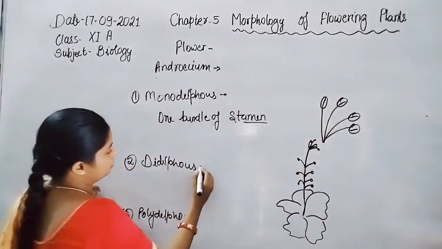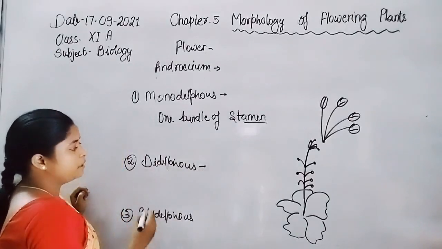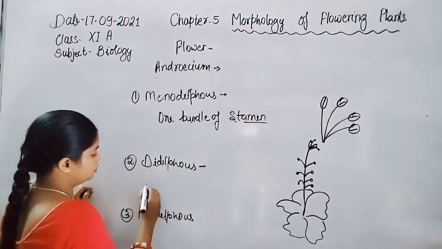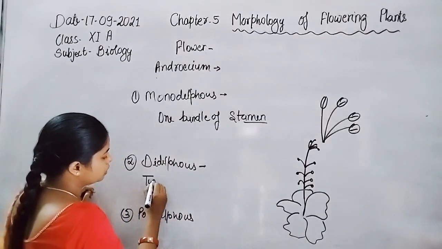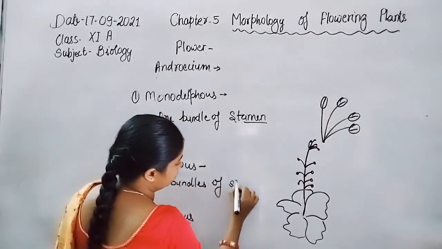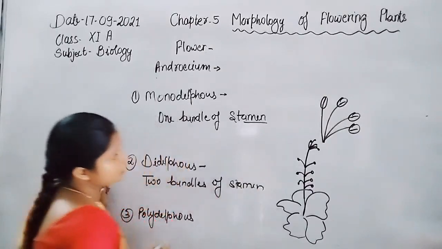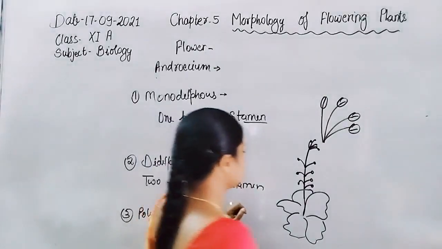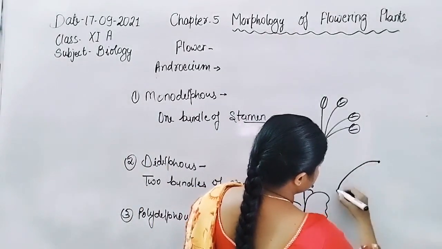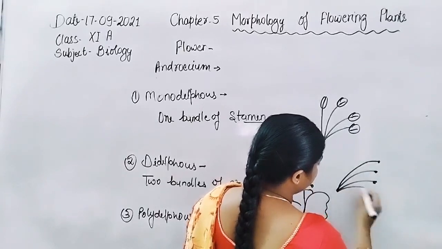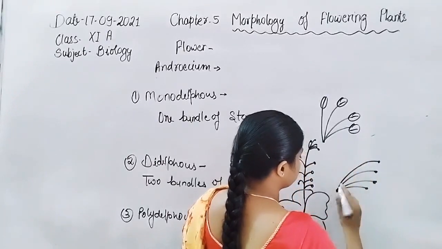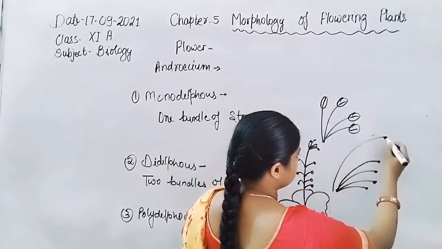Now didelphous. That means the Androecium is present in two groups or two bundles of stamens. Such a type of Androecium is known as didelphous. Here is one bundle and this one is another bundle which arises separately.